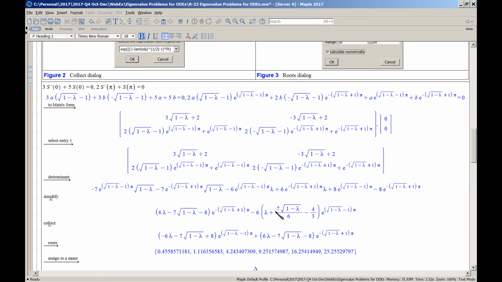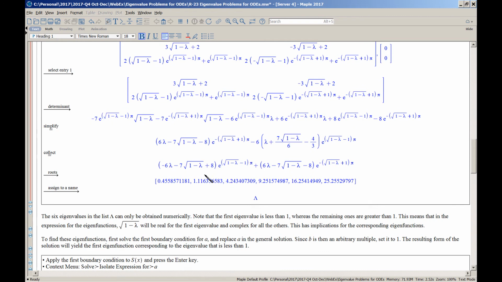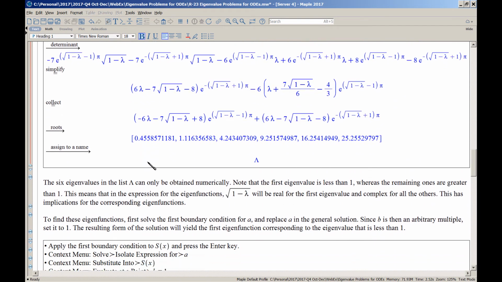So I hit it with a simplify, then I hit it with a collect, and I looked at this equation and I said, there's no way to solve this analytically, so I have to solve it numerically. So I told Maple, give me the list of roots starting at 0 until you run out of space to write them.